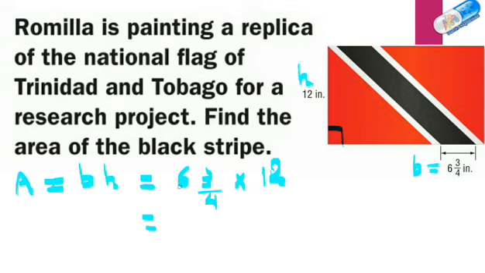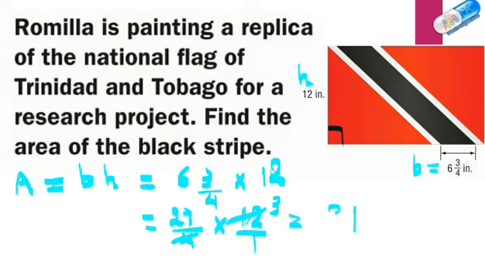To do this, we multiply 6 times 4 is 24 plus 3, 27 over 4, multiplied by 12. We can make this over 1, and we multiply 27 times 12 over 4. We can cancel the 12 with the 4 to get 3, and what remains is 27 times 3. 7 times 3 is 21. Carry 2. 2 times 3, 6 plus 2 is 8. So 81 inch square.